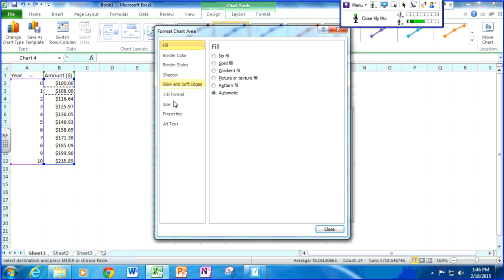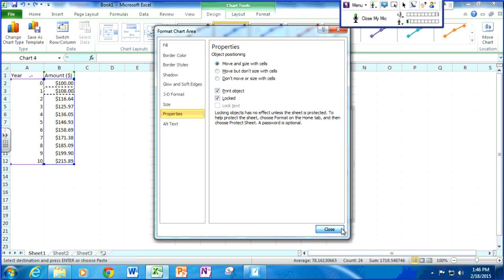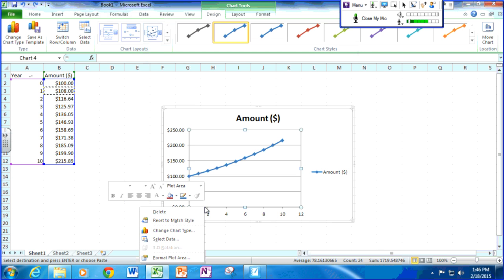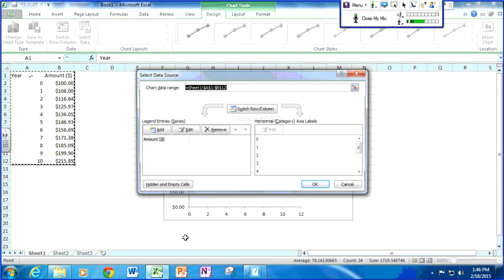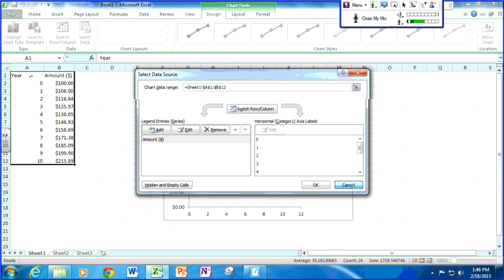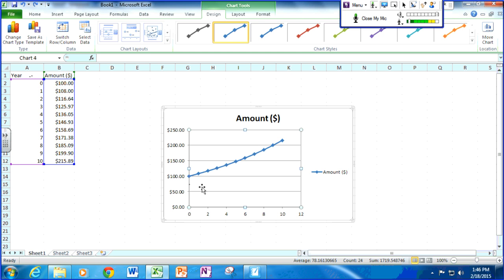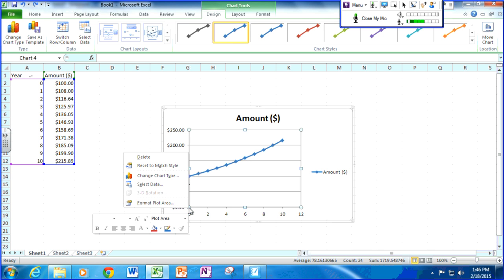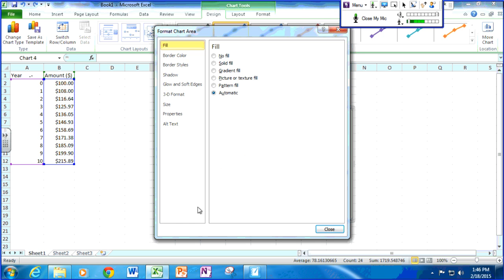No, properties, no. I'm having my problems finding it. Select data. No, that isn't it. There's actually a button that you can press, because right now the axis starts at 0, but we want it to start at 100. That would give us a better chart. But for some reason, I can't find it right now.